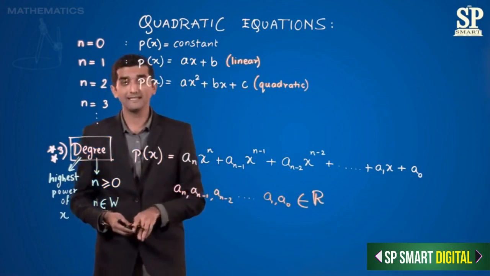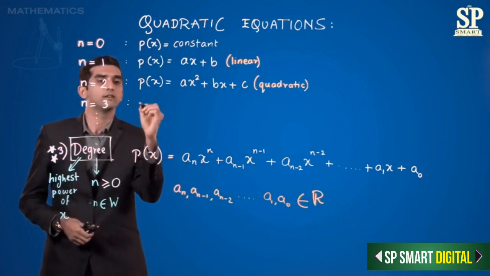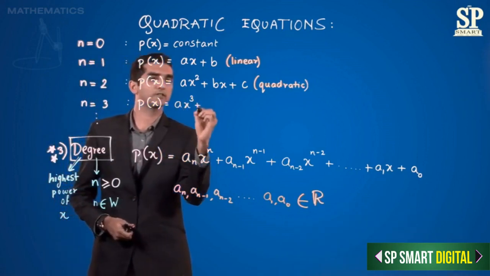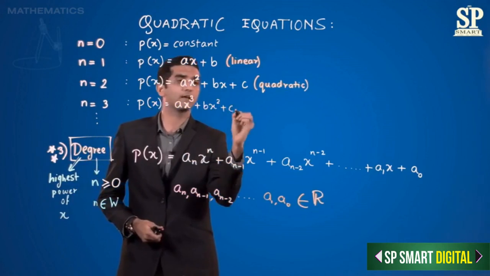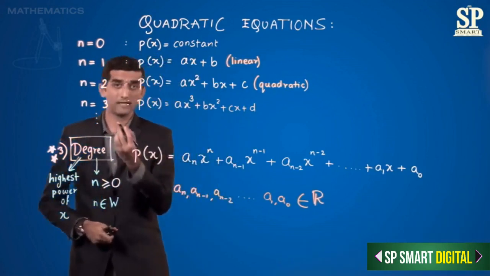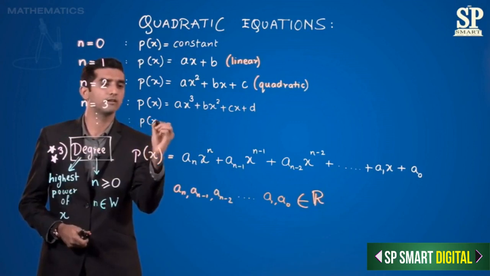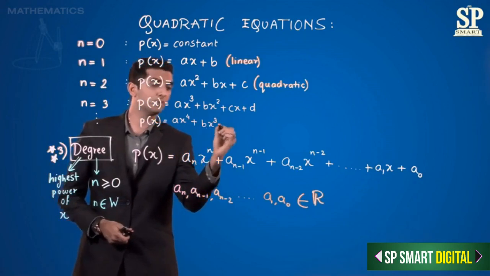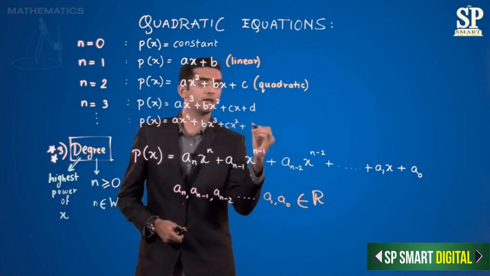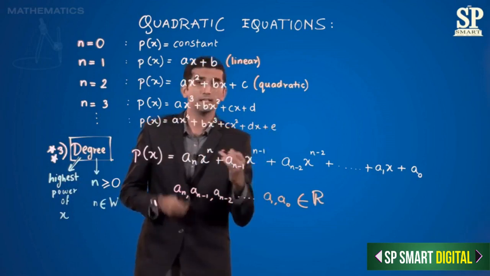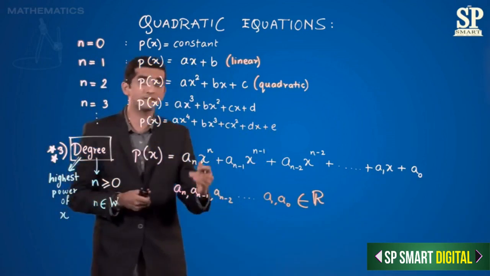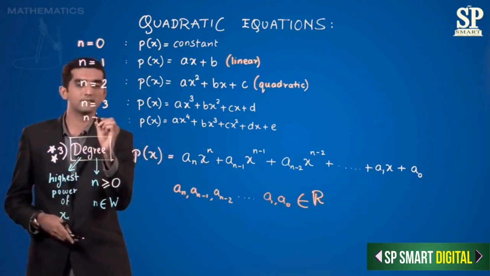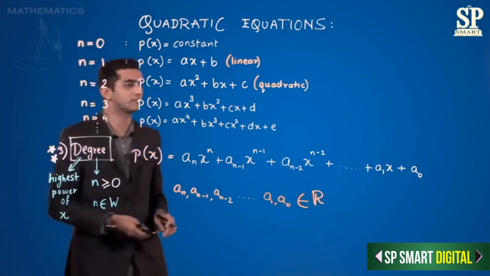Now after this, when n is equal to 3, p(x) is going to look like this: ax cube plus bx square plus cx plus d, and when n is equal to 4, p(x) will look like ax raised to 4 plus bx cube plus cx square plus dx plus e. So now I hope you have understood how this is going to proceed when n increases its value. Here we have n equal to 4 and further it proceeds as such.